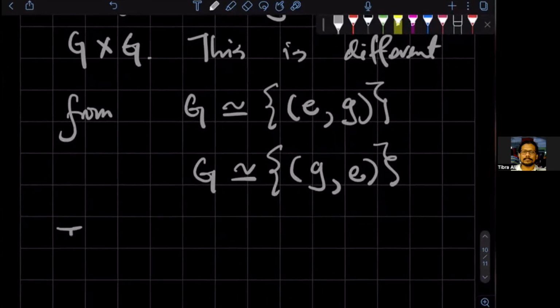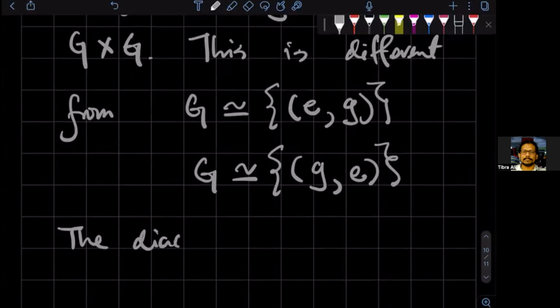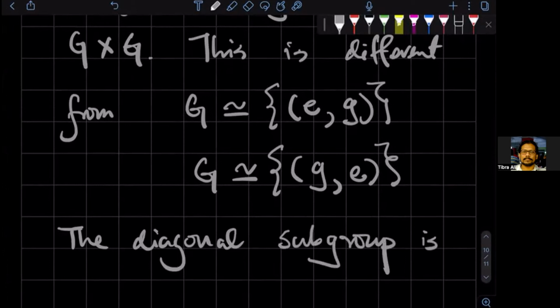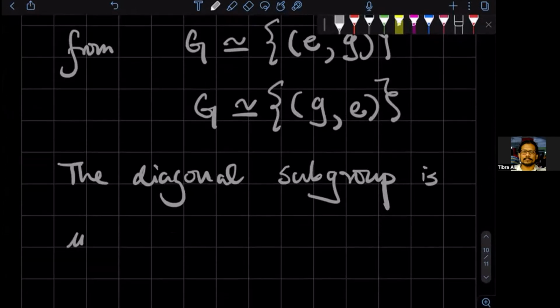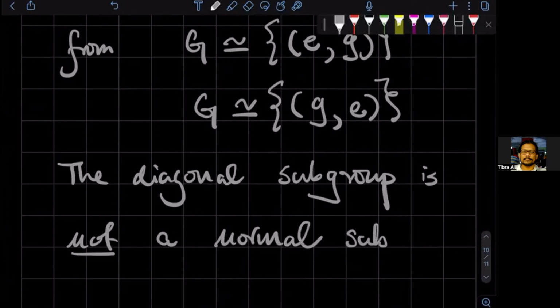So the diagonal subgroup is not a normal subgroup. Okay? So even such a seemingly trivial construction has some interesting structure in it. Okay?